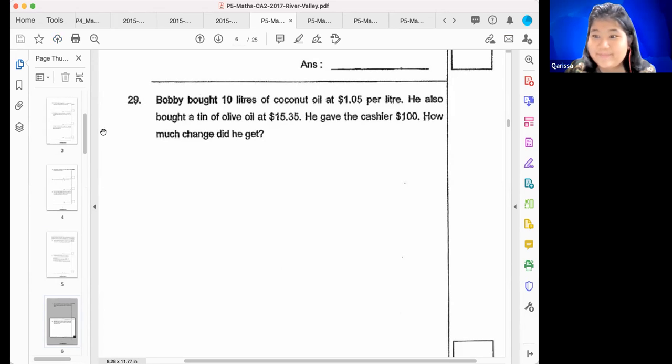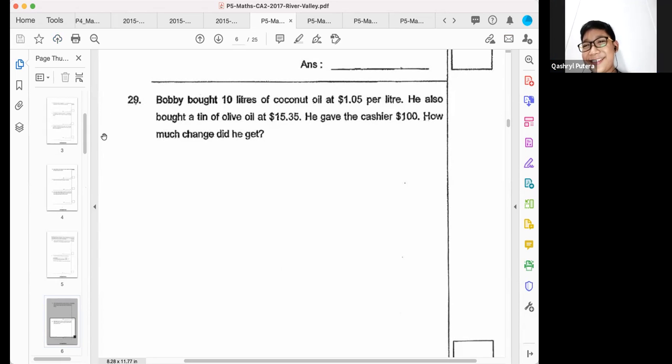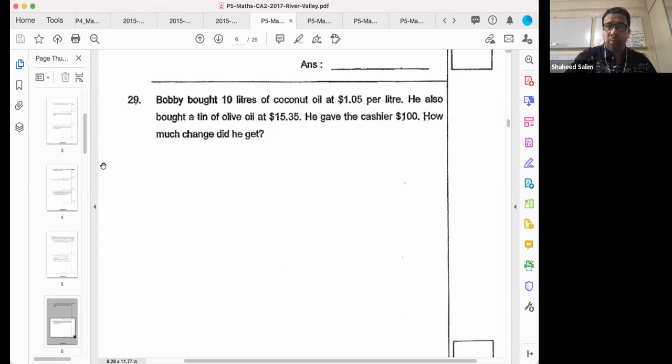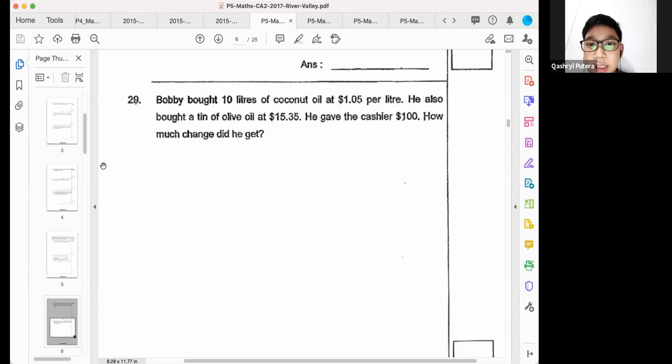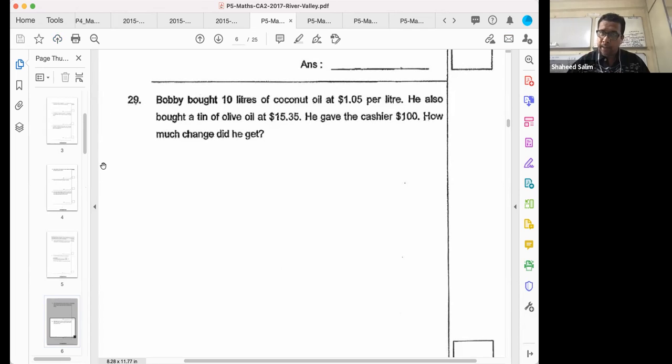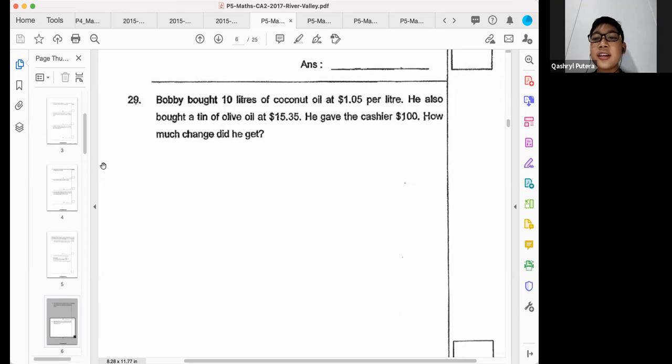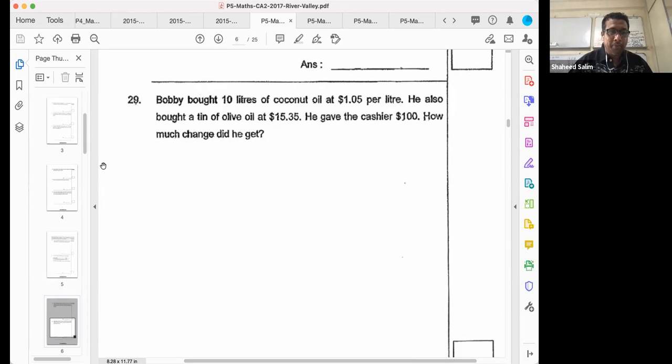That is wrong. Wait, just a moment. There's times involved. There's minus involved. Okay, Putri and Farish, your answer is the same. Raidi, your answer is close to their answer, but it's different. Yes, Raidi, what do you want to say?